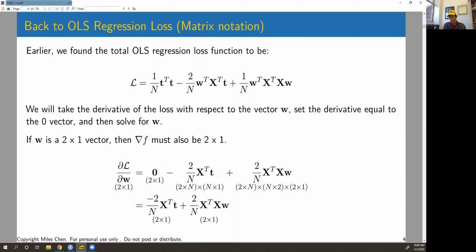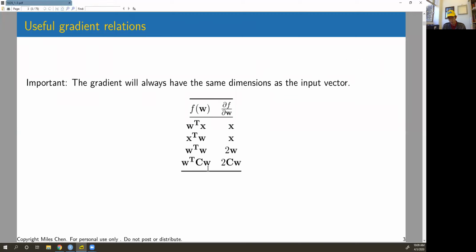And then over here, we've got w transpose x w. This is very similar to the relation w transpose c w. When you have a w and a w, it's almost like 2w, or w squared. The gradient of w transpose c w is going to be 2 times c times w.